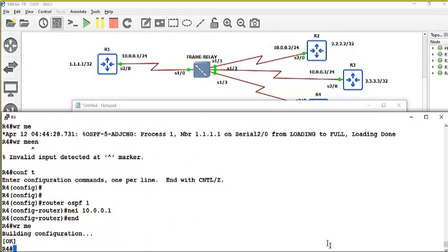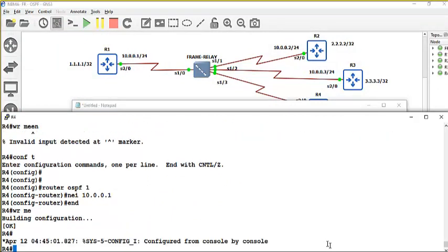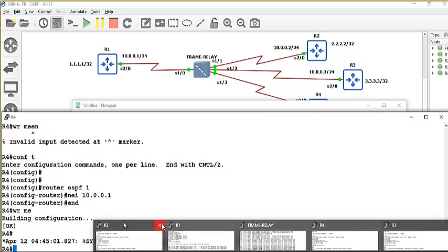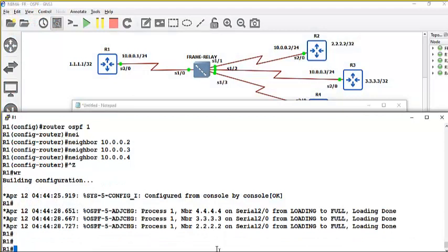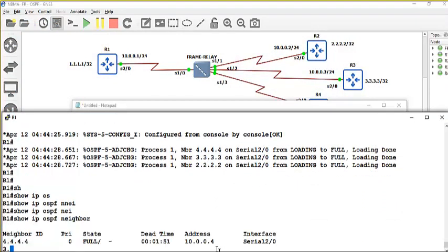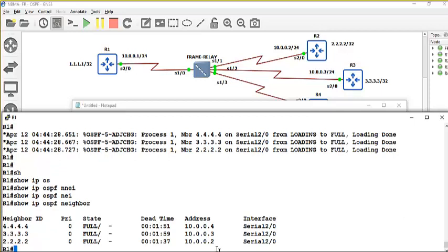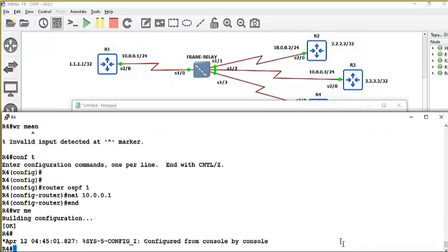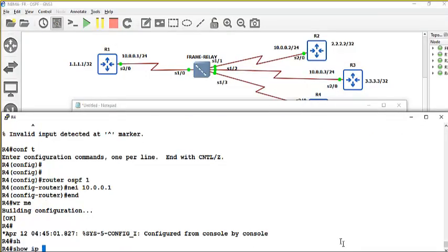What is next? Next is I should see everything like before. No DR BDR. See, show IP OSPF neighbor. No DR BDR, and you will have routes on every router via the hub. Show IP route. All the routes.